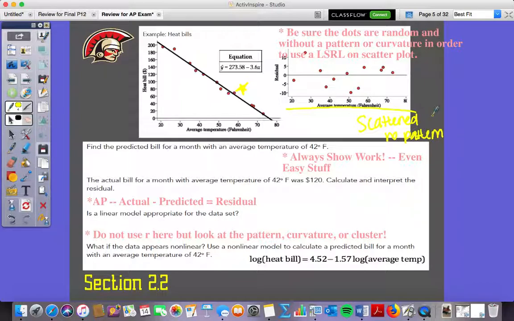If you can check off both, then we can say that an LSRL is a good model to represent the actual data itself. As you can see, there's nothing crazy there, so it is random, has no pattern or curvature, therefore it is a good representation.